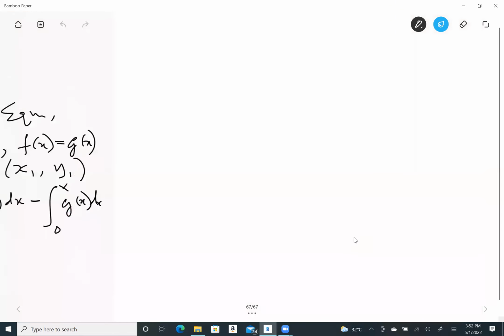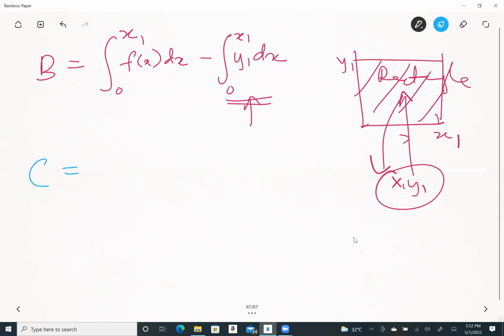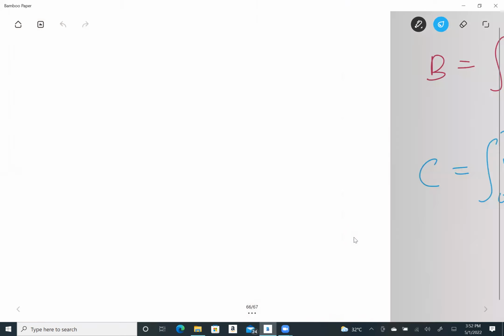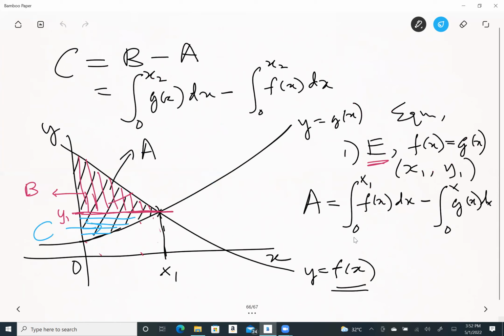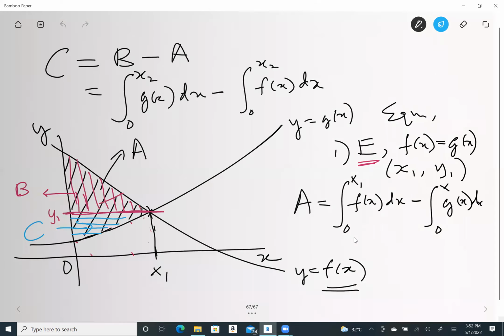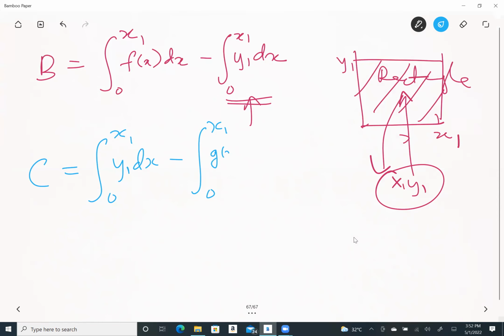So area C is the integral from 0 to x1 of y1 dx, that is the horizontal line, the constant function. And I have to take care of the integral from 0 to x1 of g of x. All right. Okay, good.